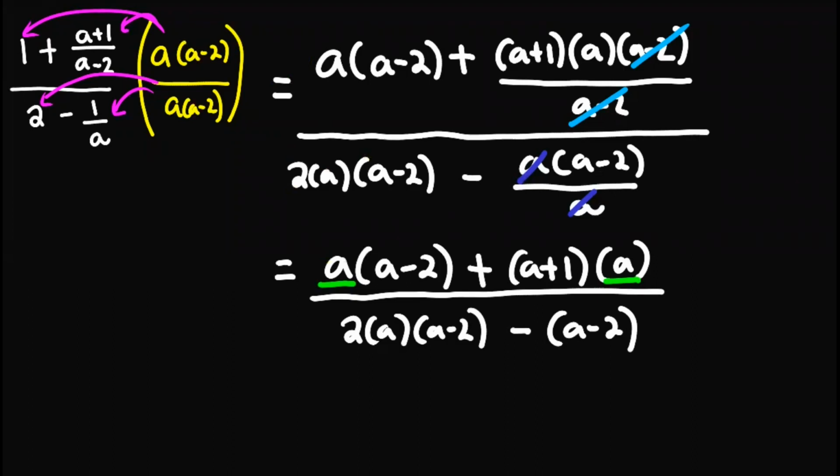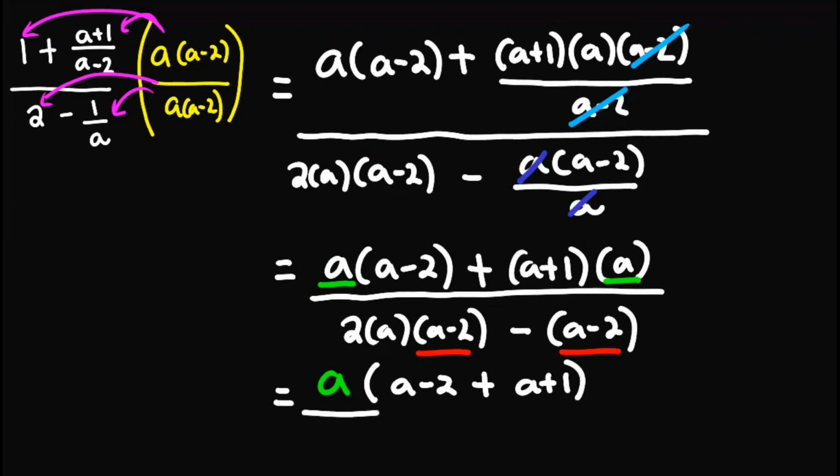And since we have a common factor of a minus 2 in the denominator, we can also factor that one out. So we will have a times, what's left inside is a minus 2 plus a plus 1 over, we can factor out a minus 2. What's left inside is 2a minus 1.